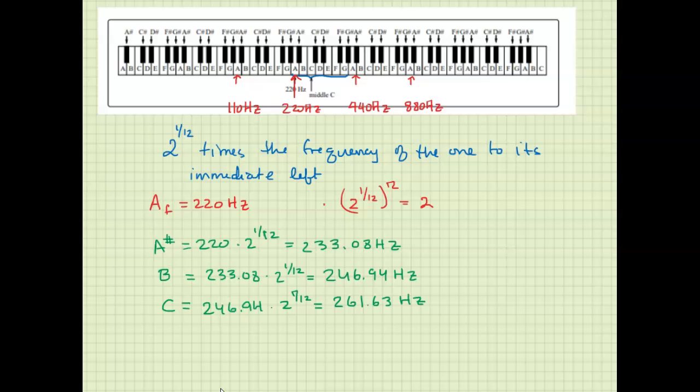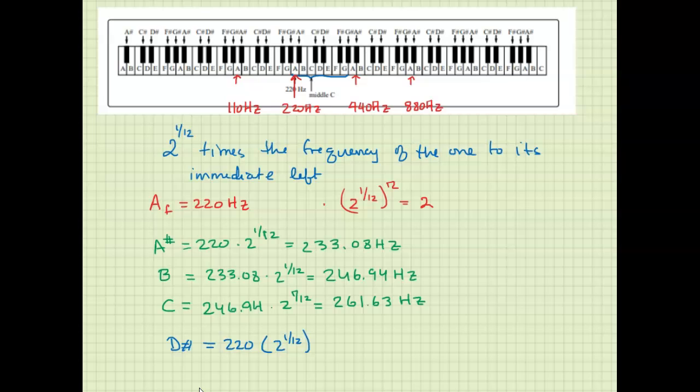Now we don't have to calculate in sequence. If I want to figure out the frequency of any one of them, we just have to count how many keys away from that original A it is, the one that we know. For example, for D sharp, this is going to be 220 hertz times 2 to the 1 over 12, raised to how many keys to the right of A the D sharp is.